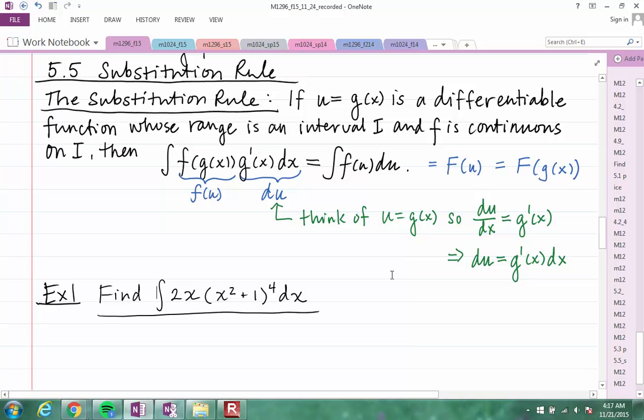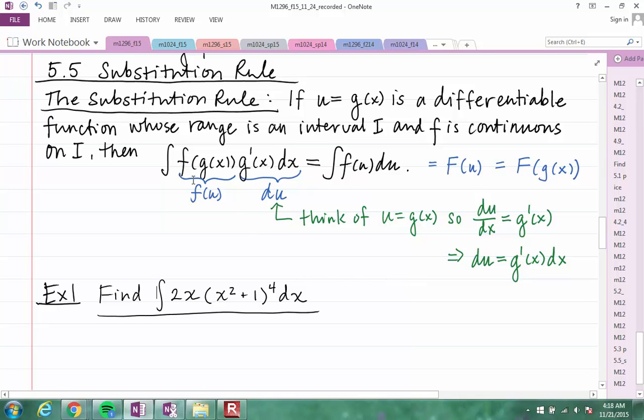One way to think of getting that relationship is if u equals g of x and you write the derivative of that in terms of the Newton notation on the right and the Leibniz notation on the left, then we have du over dx is equal to g prime of x. So writing this as a differential by multiplying both sides by dx, we get du is equal to g prime of x dx. So when we change the scale of our integral, we have to also take into account the rate of g.